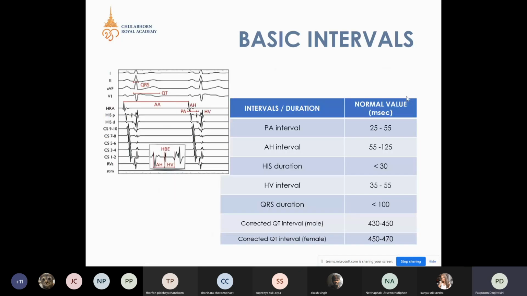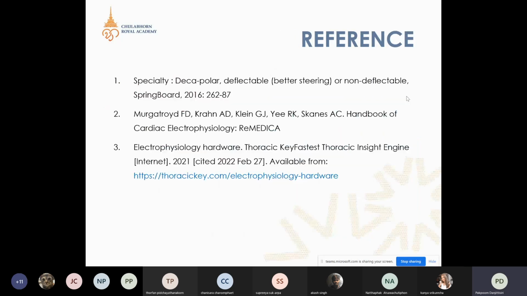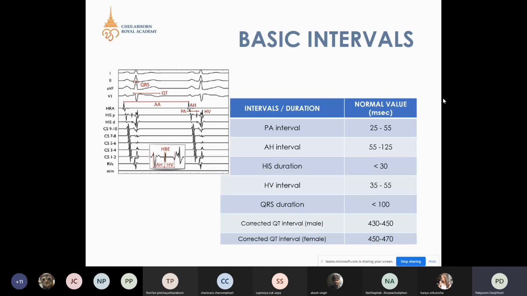If you want to go further with the QT interval in the lab, you have to calculate the corrected QT interval by using the QT interval divided by the square root of the RR interval, because the QT interval can be affected by age, gender, and the variability of the heartbeat.